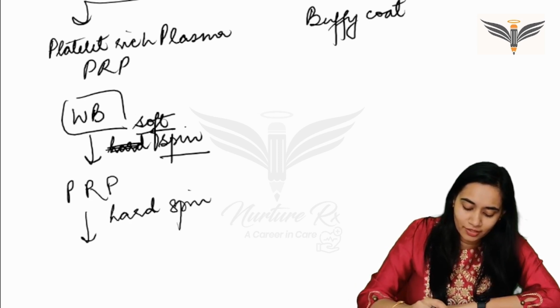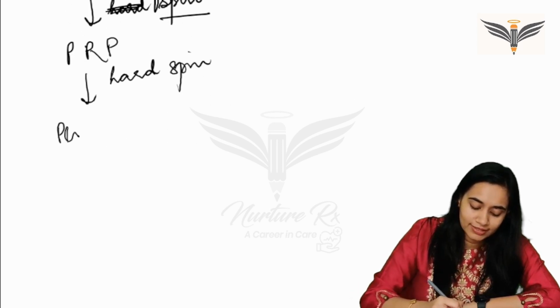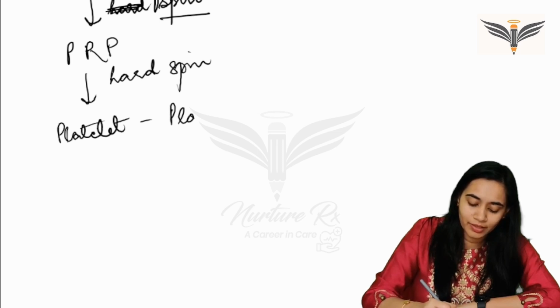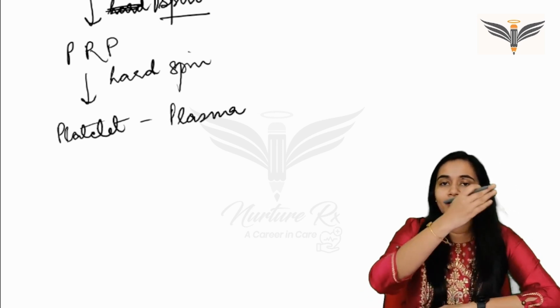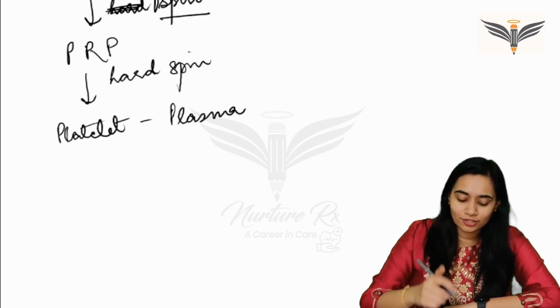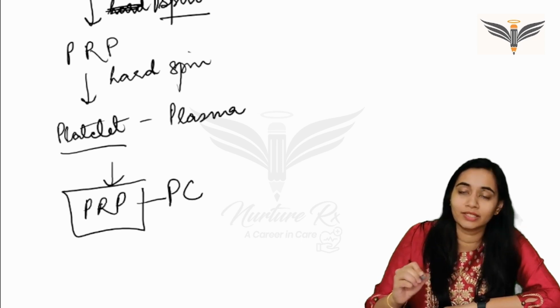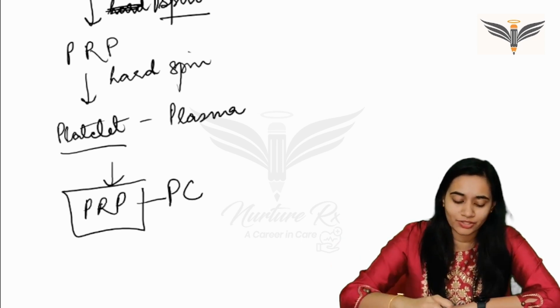When it undergoes hard spin, your platelets settle at the bottom. They are separated and the plasma is taken from above. The lower settled layer is of platelets. This forms your PRP platelet concentrate, PRP-PC.